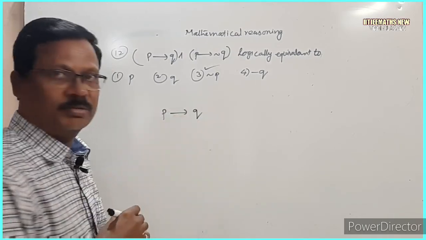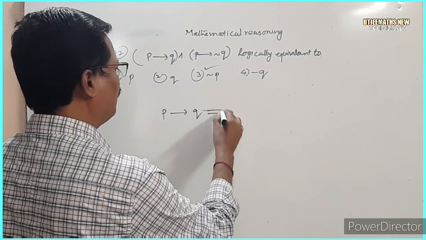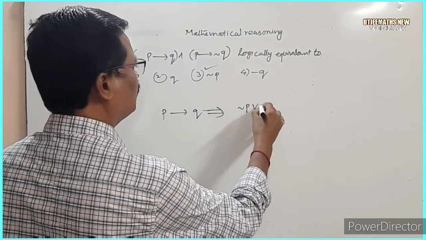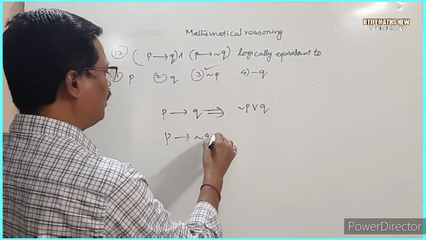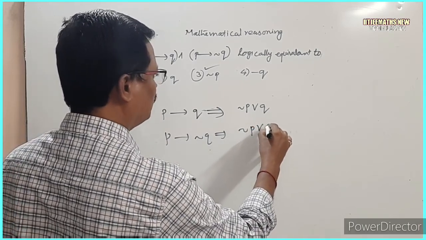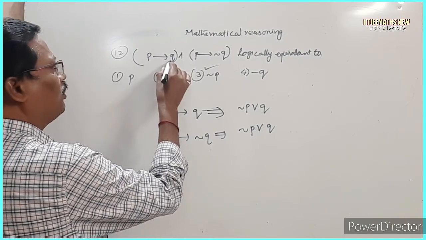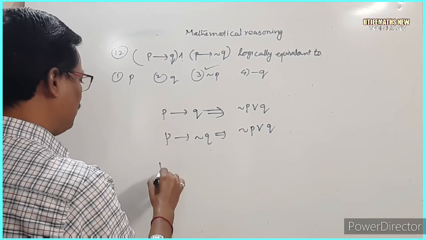Now, P implies Q. If P then Q, this is nothing but, what is the meaning of this one? This is the negation of P or Q. And what about this? Similarly, this also we can write negation of P or Q. Now, this is if P then Q, and if P then negation of Q. Let us write that one.